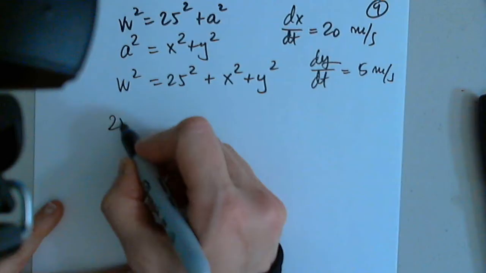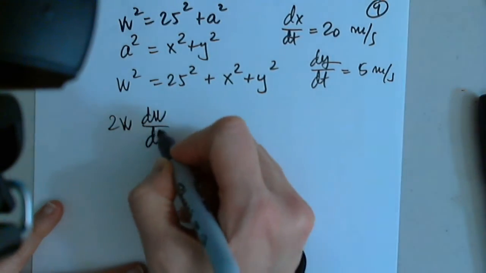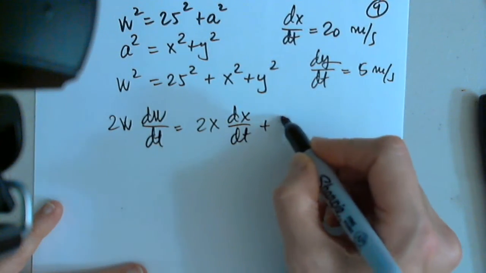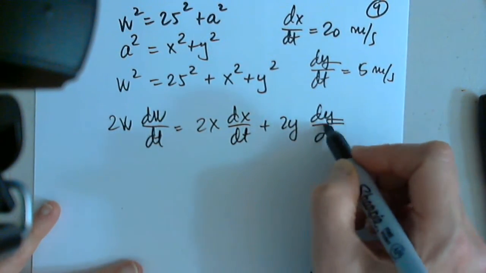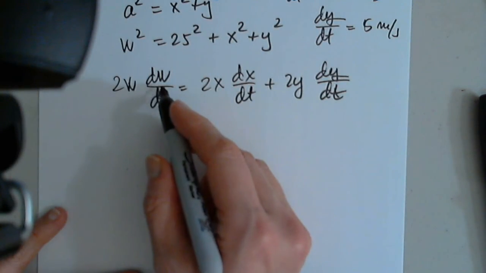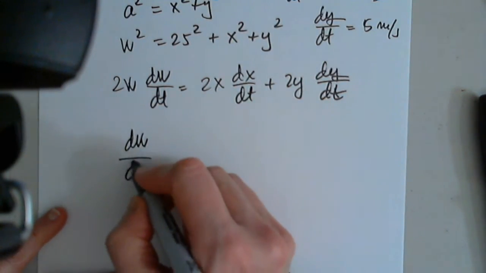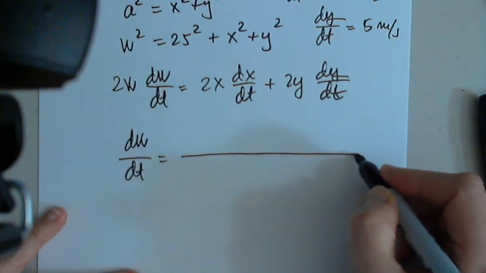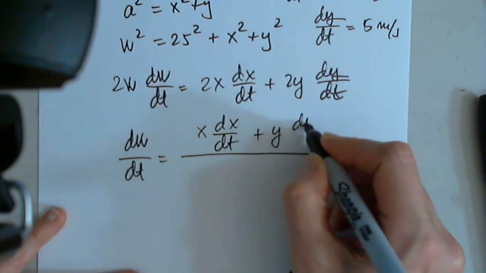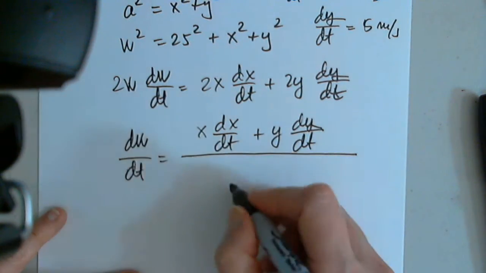So I have 2w dw over dt equals 2x dx over dt plus 2y dy over dt. I will simplify by 2, and I need this. So dw over dt equals x dx over dt plus y dy over dt, over w.